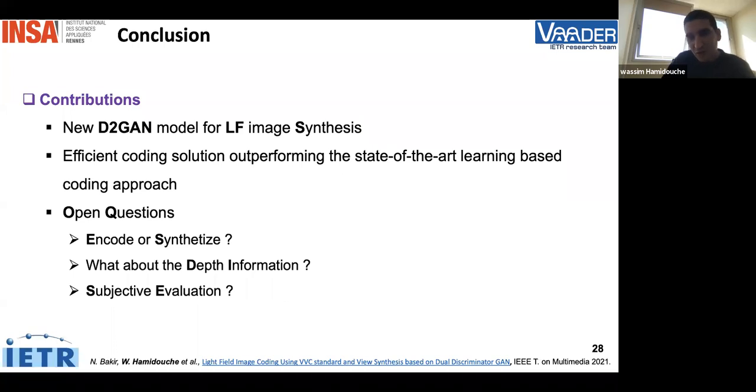And the last point is to validate the performance of our solution. We also have to perform some subjective evaluation to see what are the real improvements subjectively to the viewers in terms of immersion with using this technology.